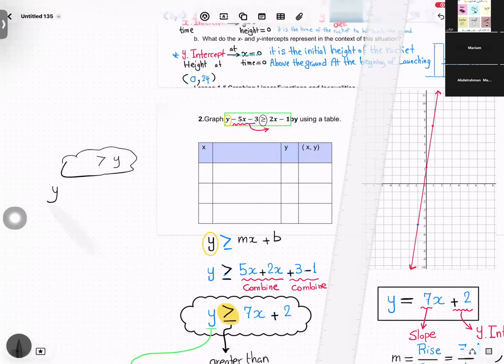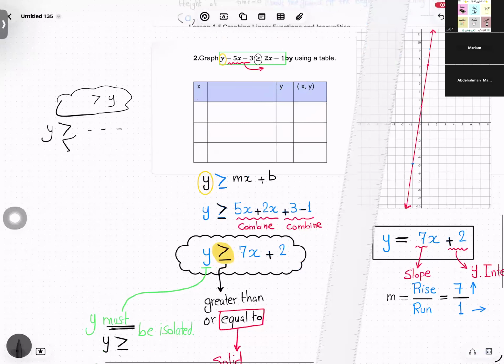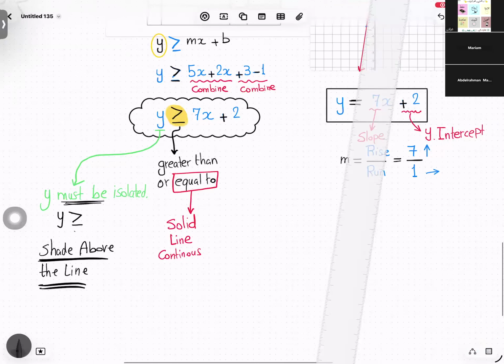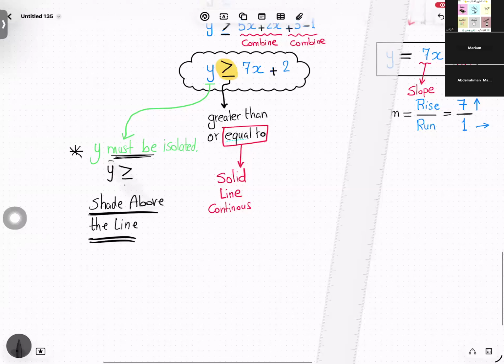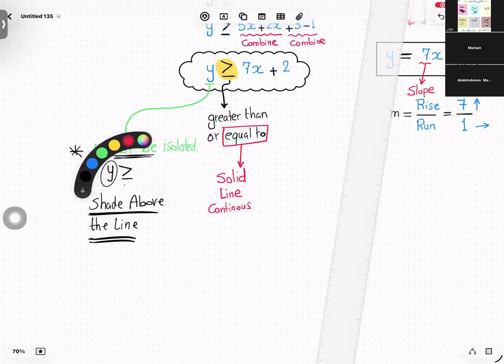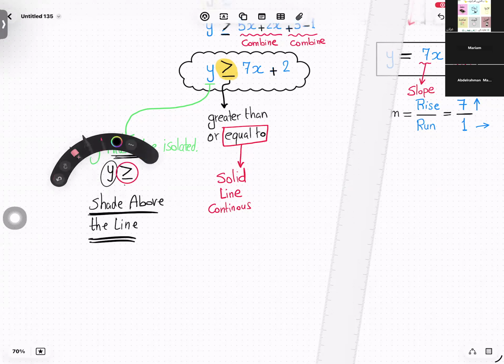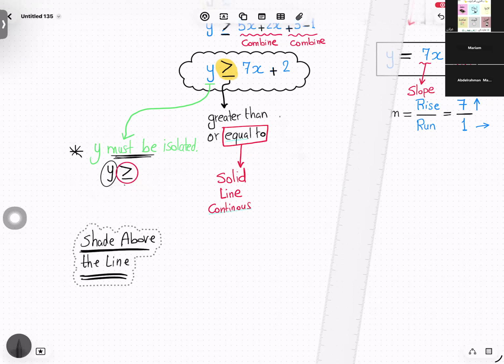It must be y greater than or smaller than the remaining part. So first isolate the y, then see whether y is greater than or smaller than. If y is greater than, you shade above the line.